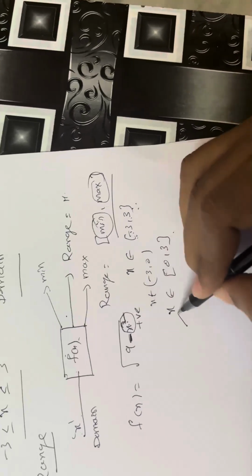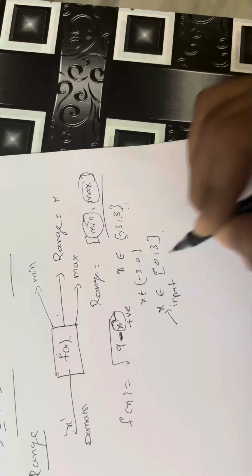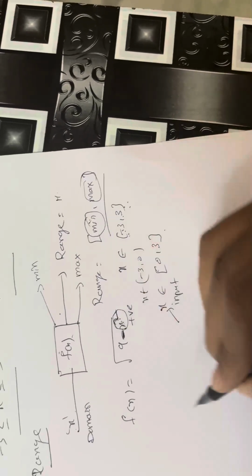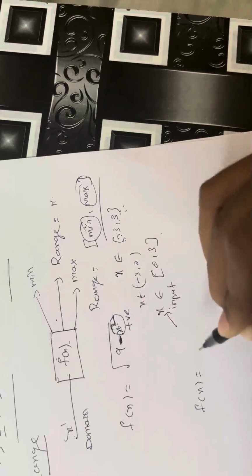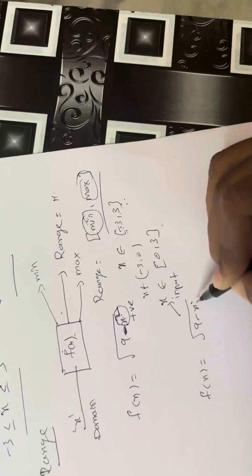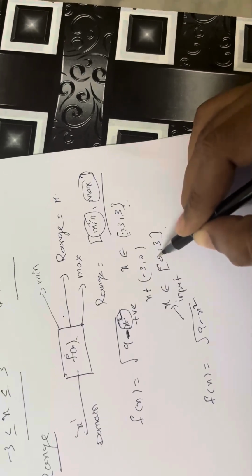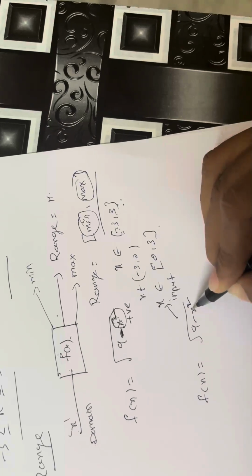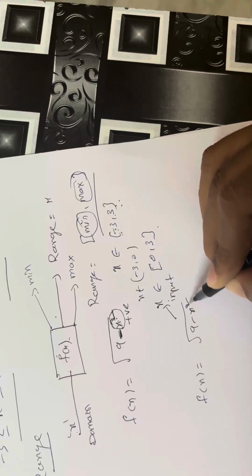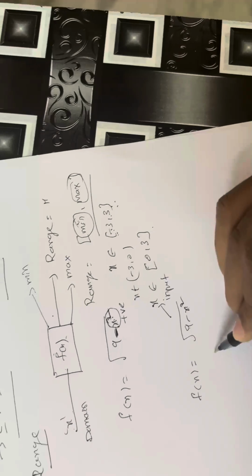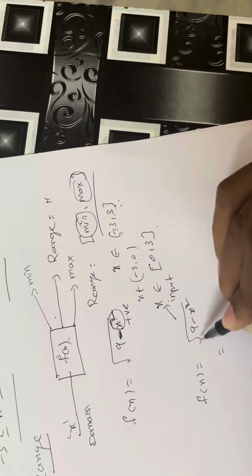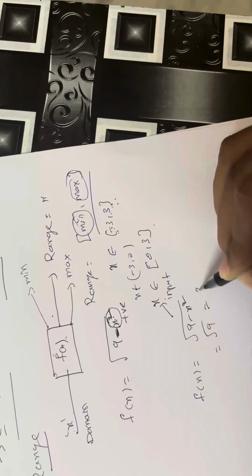Okay, so these are the input values we are giving. Now check it for this function. What are the minimum and maximum values? Substitute 0 here: 9 minus 0 square. So what you are getting here is square root of 9, which is equal to 3.